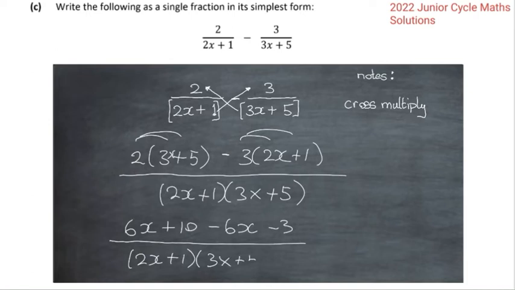So up above, it's going to simplify. The 6x's will cancel as one is positive and one is negative, and we will get 10 minus 3 for the numbers. So the final result is 7 over 2x plus 1 by 3x plus 5.